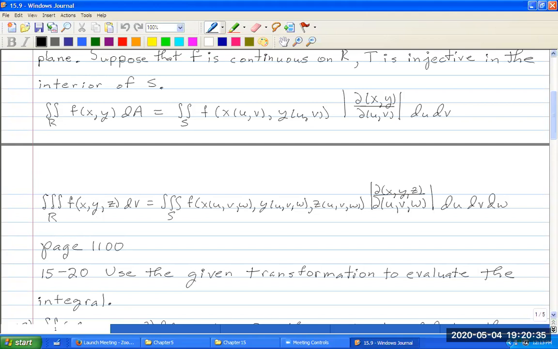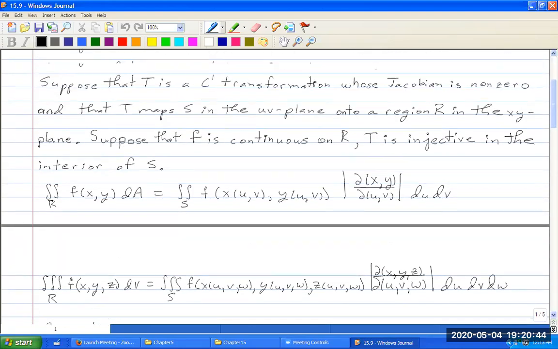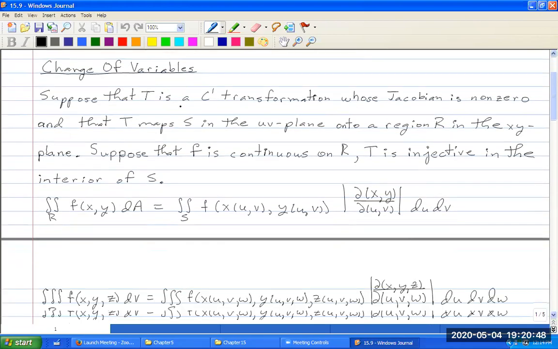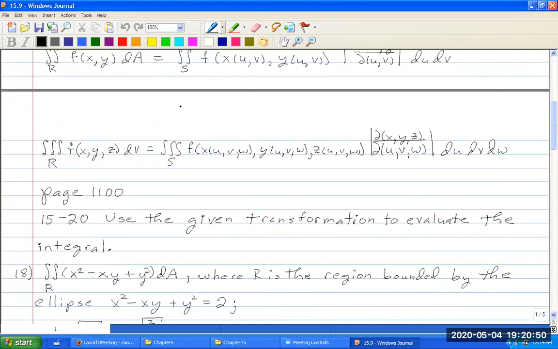another way to write this is that the triple integral. So now suppose instead of this going into 2 dimensions, suppose it goes into 3 dimensions. I'm not going to draw it.